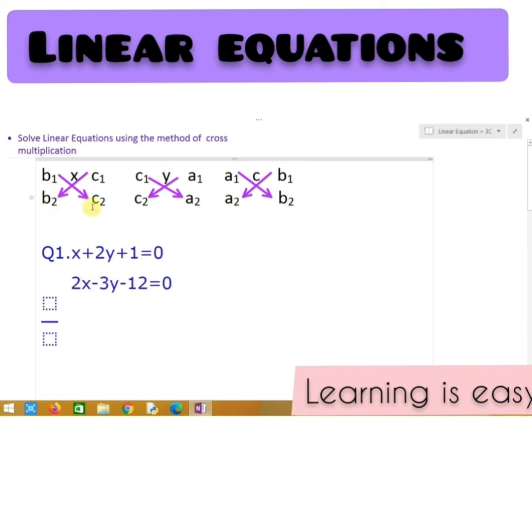So 24 and minus 3. If you see, 2 into 12 is 24, and 1 into 3 is 3. So that will be the term of x. For x, multiplying the coefficients of the other two, that's y and the constant, we can write this as minus 24 minus of minus 3, so that becomes plus 3.